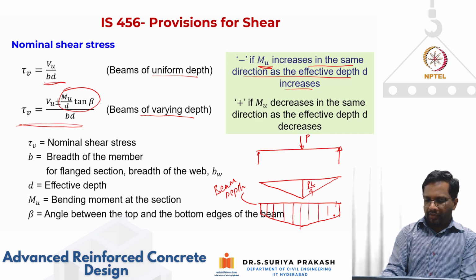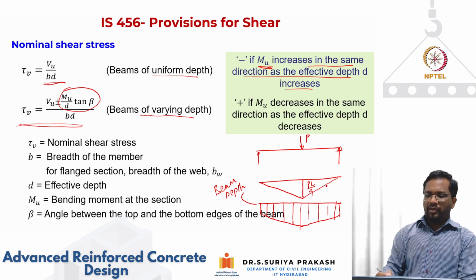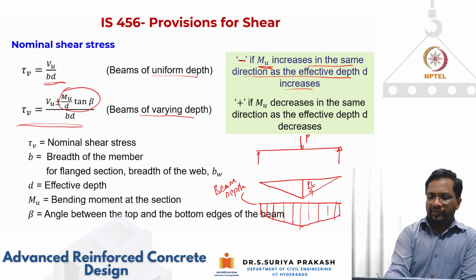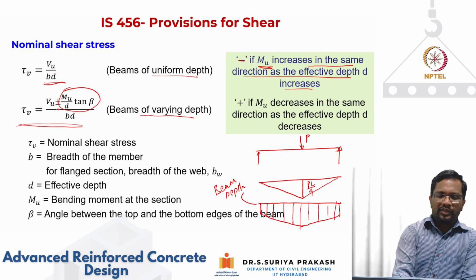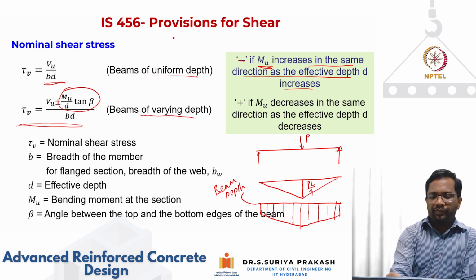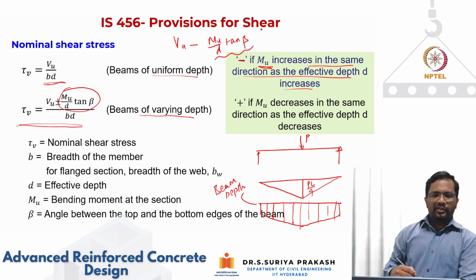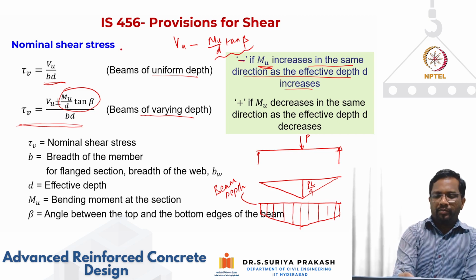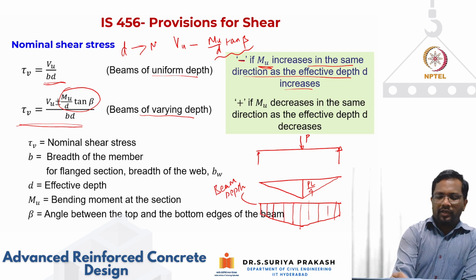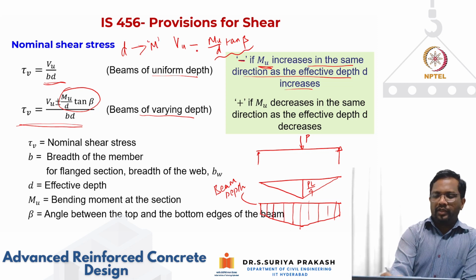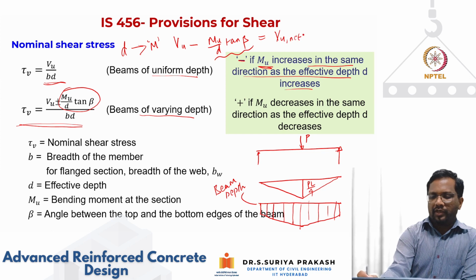Okay, in that case, you are going to take the negative sign. In other words, the shear demand is going to be Vu minus Mu by d times tan beta. Now we will understand how this component comes in the next slide. But if your depth is increasing in the direction of your bending moment, then this is your net shear Vu.